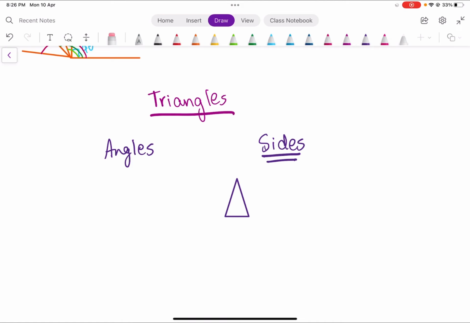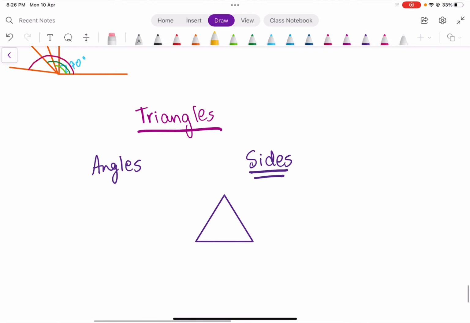So let's take a triangle. Oh, it won't let me draw. Okay, let's just say all the sides in this are the same. So if I drew two lines over here, and two lines over here, and two lines over here, that means they're all equal. But for the sake of my hand, I'm just going to use one line.